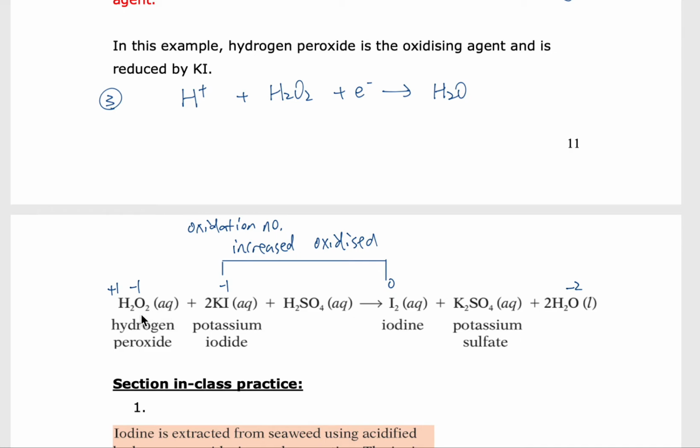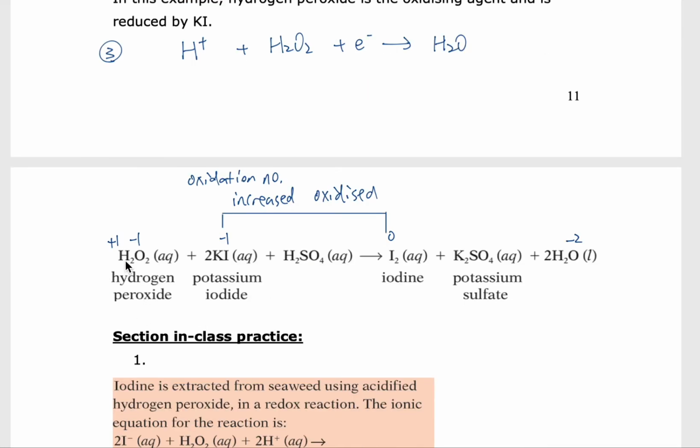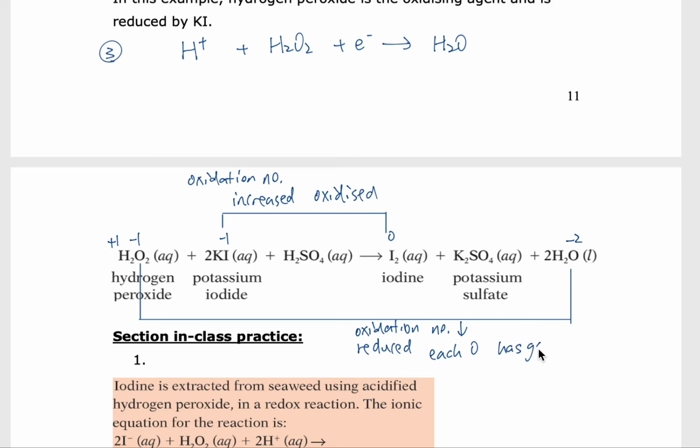Going from -1 to -2, the oxidation number dropped. That means it's reduced. Because the oxidation number dropped from -1 to -2, that means each oxygen has gained 1 electron to go from carrying 1 minus charge to carrying 2 minus charges.